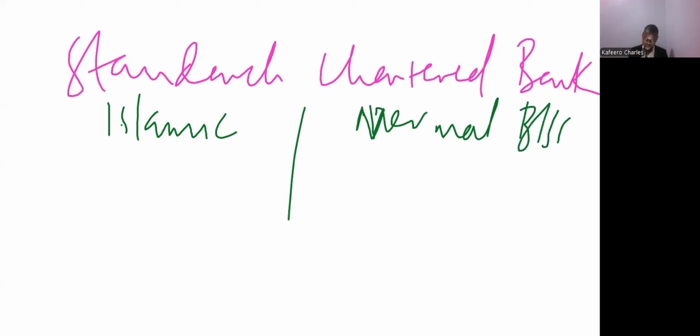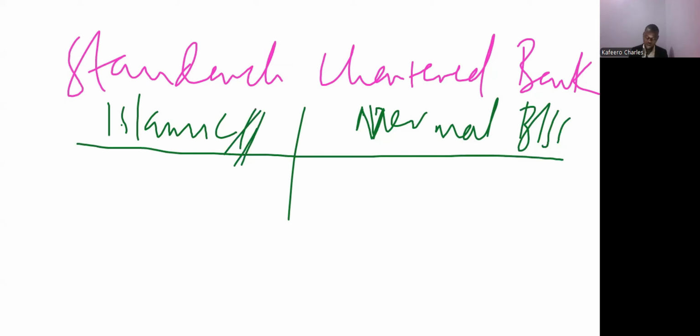This window is only going to be looking at Islamic products alone, and they are going to be lending out money not to Muslims alone. No, the principle operates even to those that are not Muslims. But the application of these principles is what keeps Islamic finance different from conventional banking products.